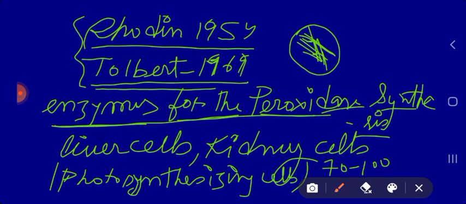If you refer to any book or internet source, your peroxisomes may contain numerous thread-like fibrils, or they may contain an amorphous dense inner core. Most often we see a granular structure in the matrix region of the peroxisomes.